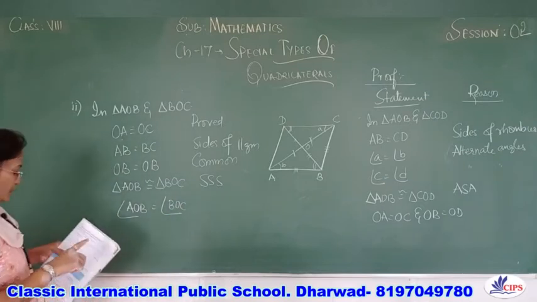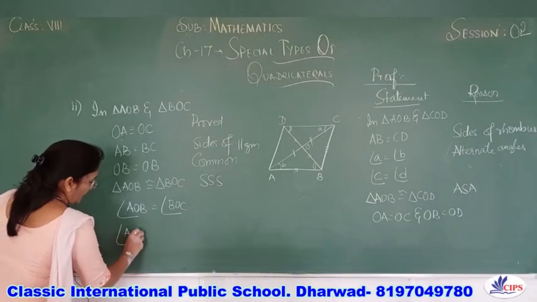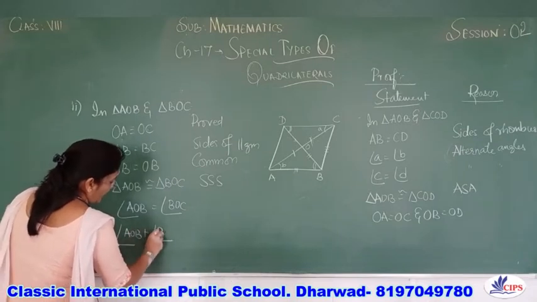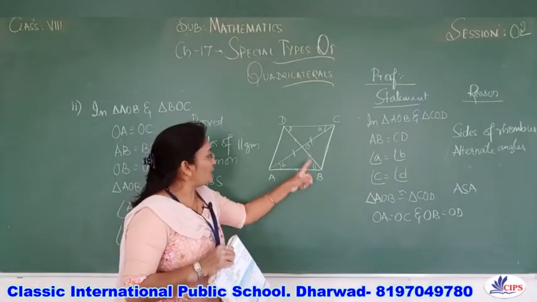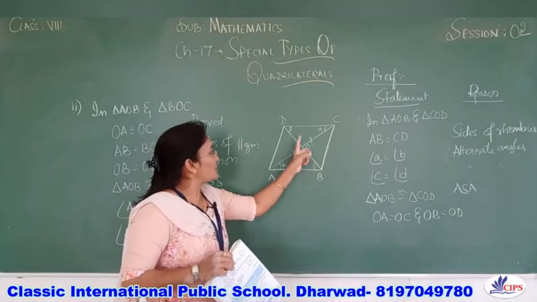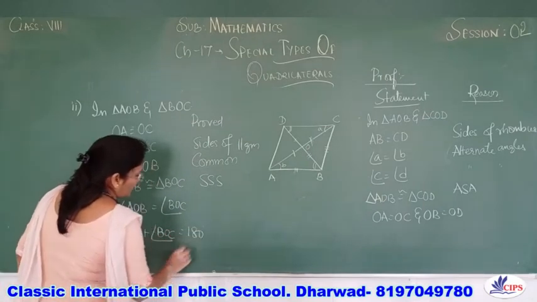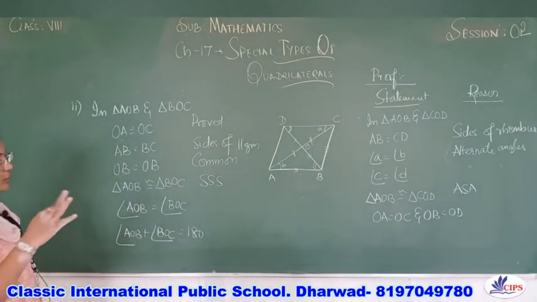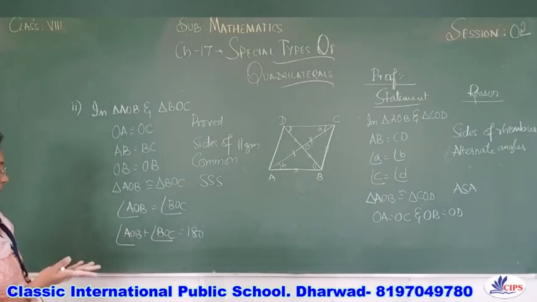But angle AOB plus angle BOC is equal to how much? 180 degrees, because they are lying on a straight line. So when both are equal, we know that they are congruent triangles, so both angles will be equal.